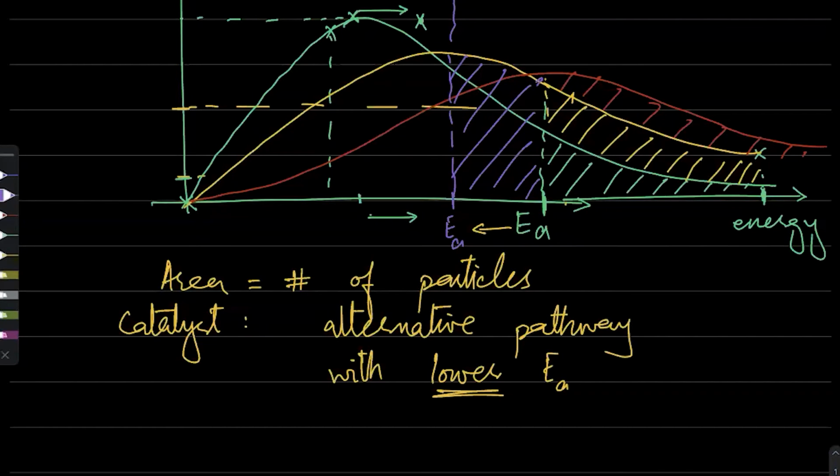Imagine one class has passing marks of 50 and another class has passing marks of 80. So in the 50 one, automatically more students will pass because the passing requirement is more lenient. Just like that, particles that are able to actually react are the ones on the right side of this, that have energies that go on the right side of this. And the reason they do this is because they have enough kinetic energy to react.